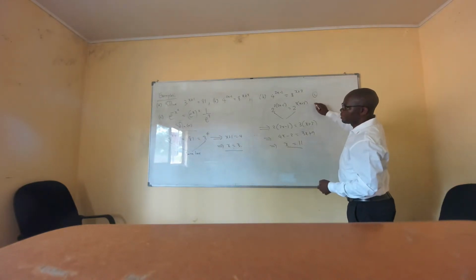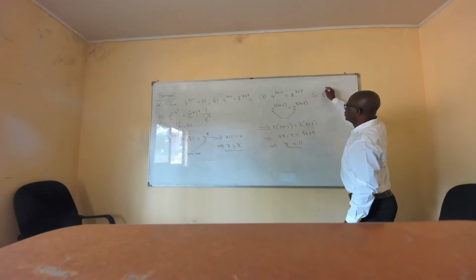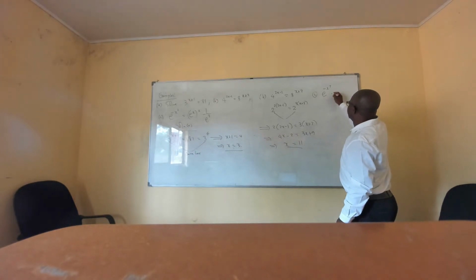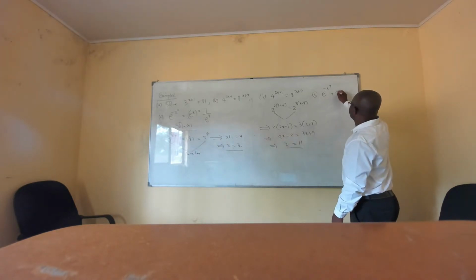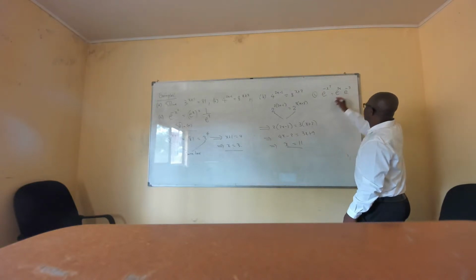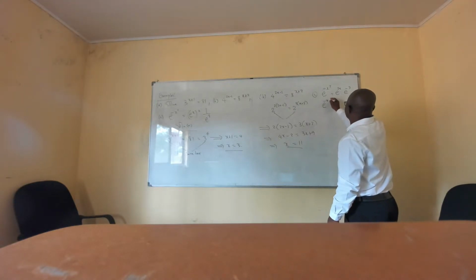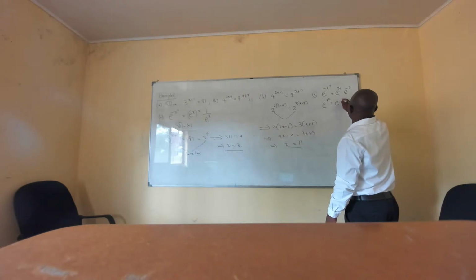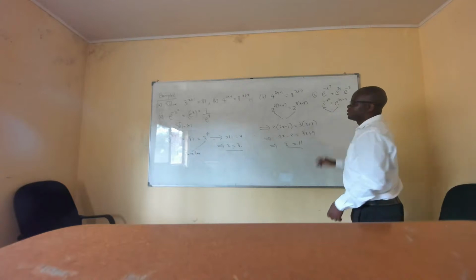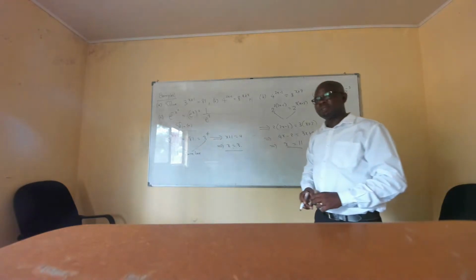For C, we have e to the power minus x squared. Okay? And the other side, you can write it as e to the power 2x into e to the power minus 3. So we can write this as e to the power 2x minus 3. So same base, e is the number between 2 and 3.